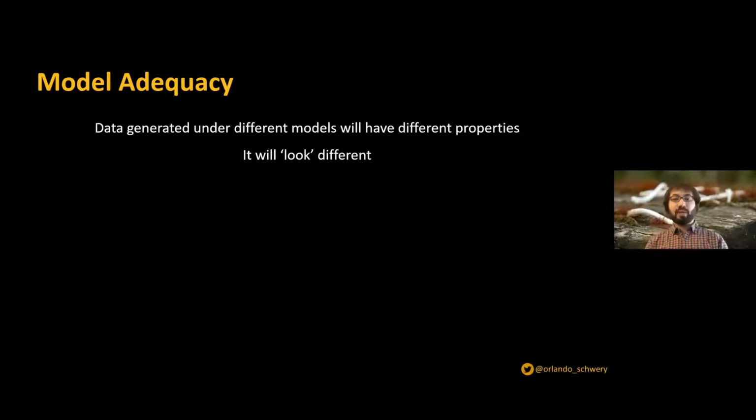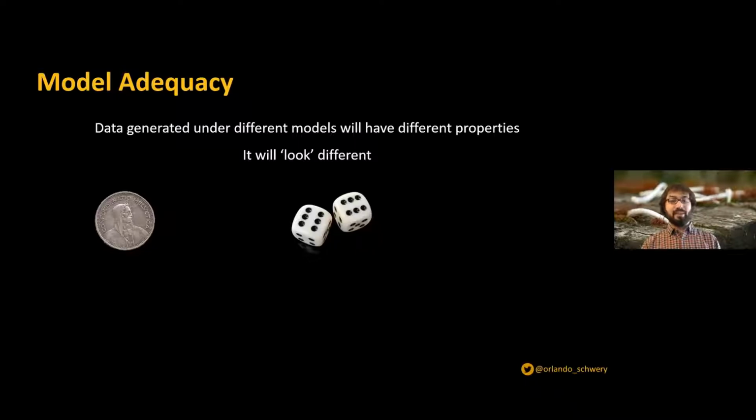So talking about model adequacy real briefly, often the idea here is that for a model to be adequate to analyze certain data, it needs to be able to depict that data properly. So if we make a very simple example, imagine we're tossing coins and we want to know whether we can use dice to analyze coin toss data.